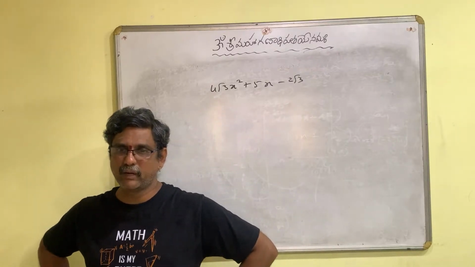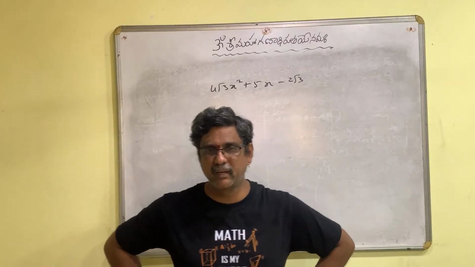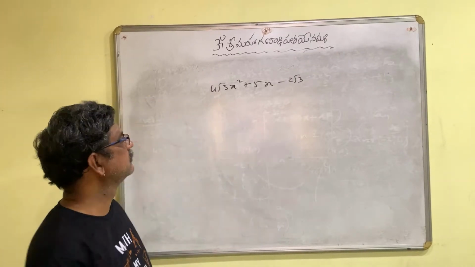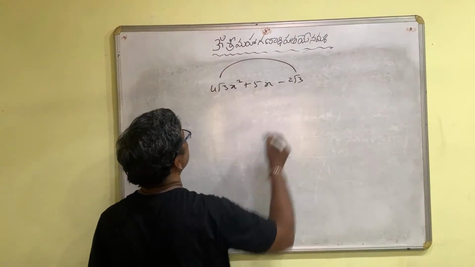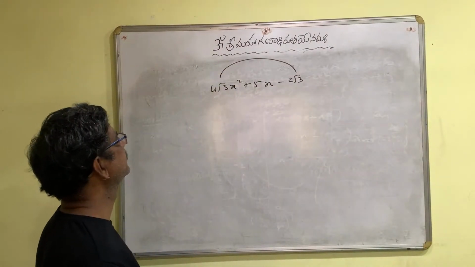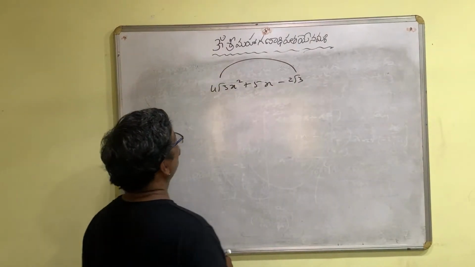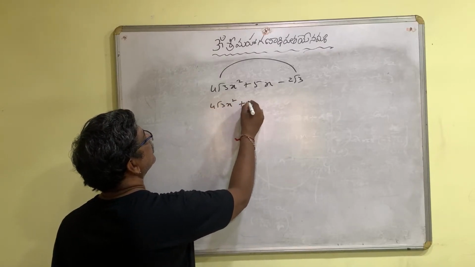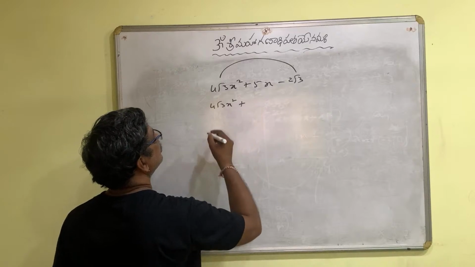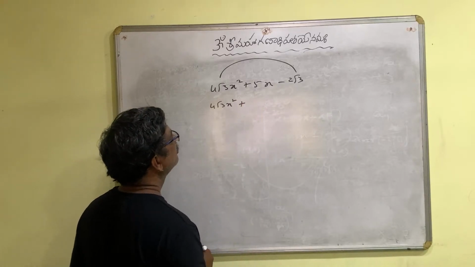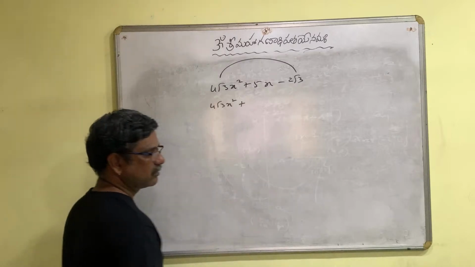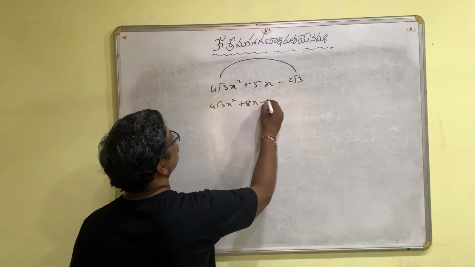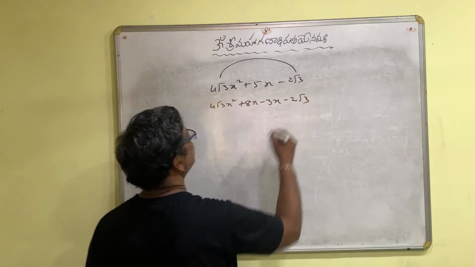Root 3 by 4 and minus 2 by root 3. I told you, multiply these two first. 4 2s are 8, there are 24. 24 into 4 root 3 x square. 8 3s are 24, and 8x minus 3x minus 2 root 3.